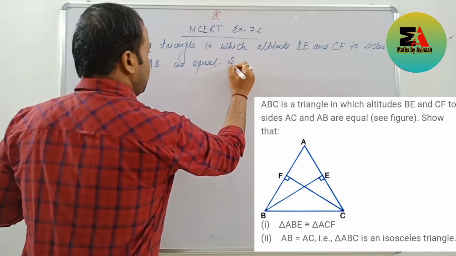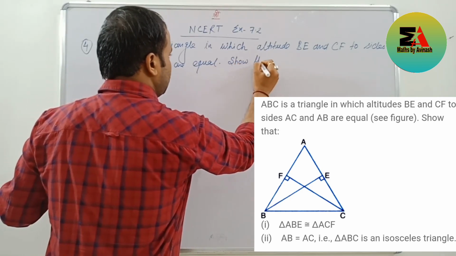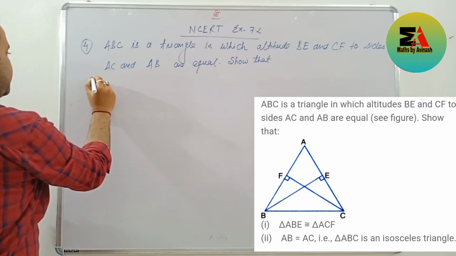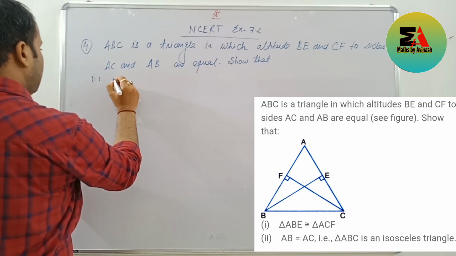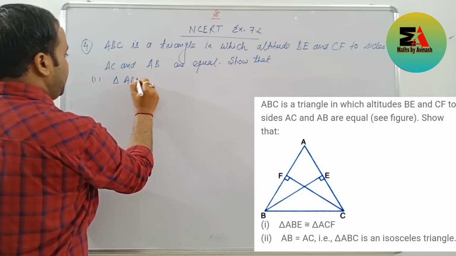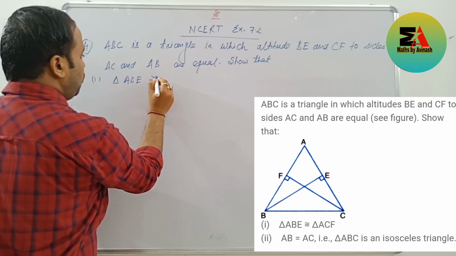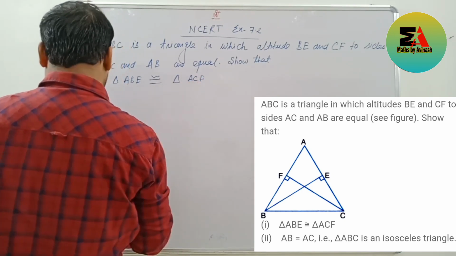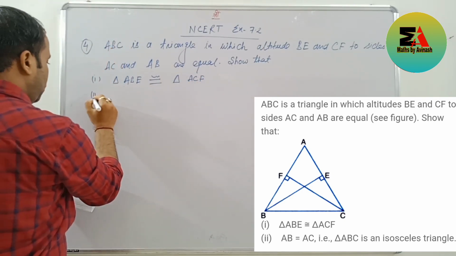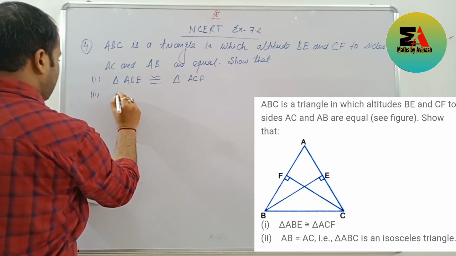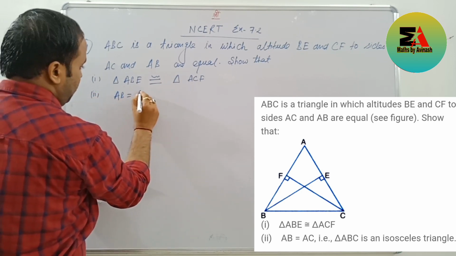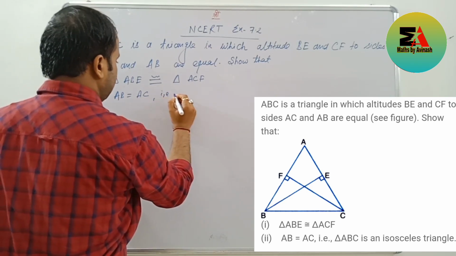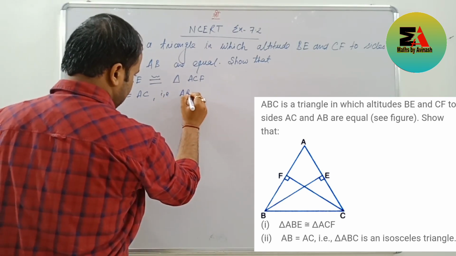Then what we have to show is: case 1, triangle ABE is congruent to triangle ACF, and case 2, AB equals AC, that is, ABC is isosceles.